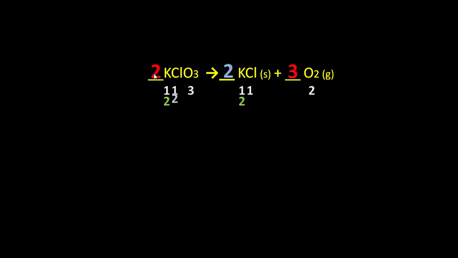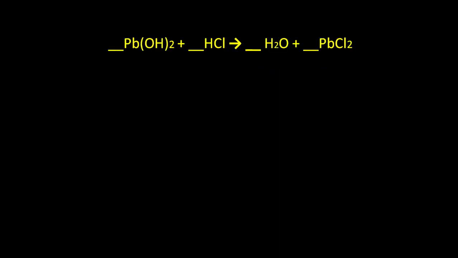So here we have 2 chlorine atoms. Alright, and here we have 2 chlorine atoms. Everybody's happy right now. So what about oxygen? 2 multiplied by 3 oxygens gives us 6 oxygens, and here the same. So this equation here is balanced, and you can write it, and everybody's happy. So we have a beautiful equation.